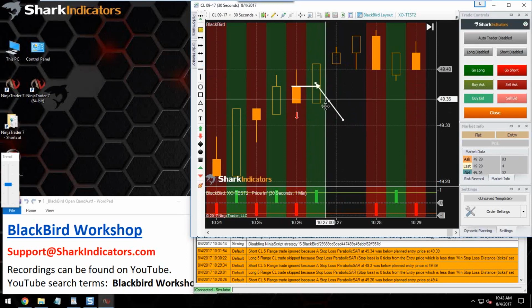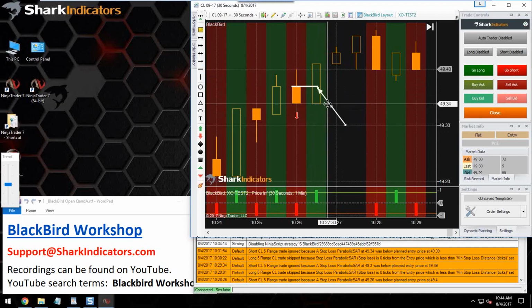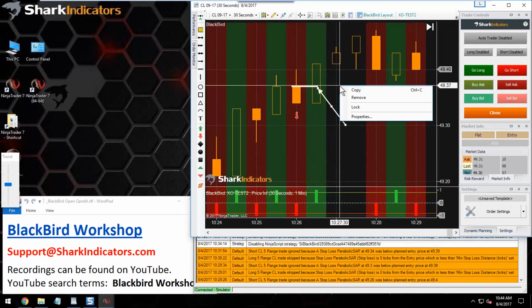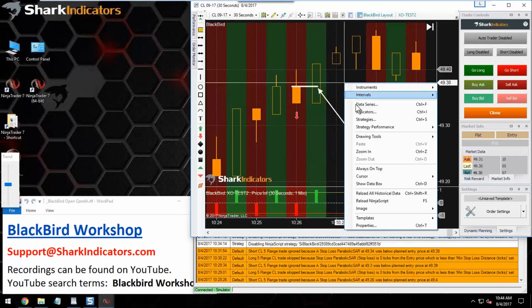That operation is going to be on a live bar, intrabar, in real time. So we have to make an adjustment to BlackBird here.